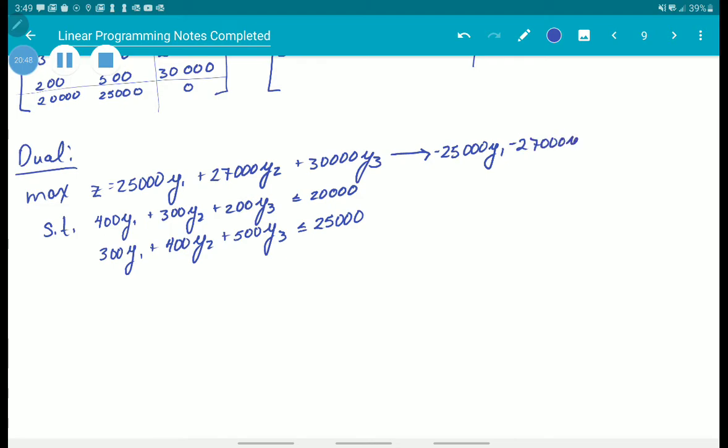Now, let's rewrite everything, moving everything to one side, keeping z positive, so that's now equal to 0. And for the second and third, we need to introduce slacks.